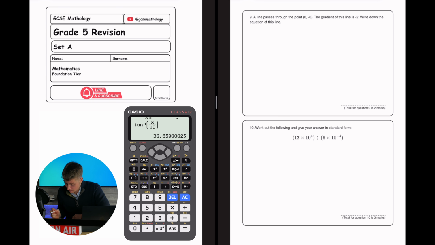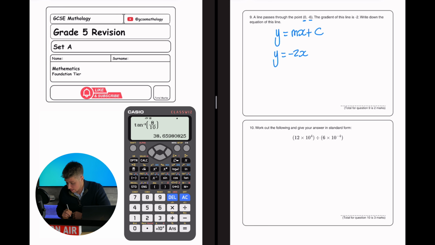Question 9 says a line passes through the point 0, -6. The gradient of this line is -2, and we need to write down the equation of the line. So the equation of a straight line is y equals mx plus c, where m is the gradient, so we're told that the gradient is -2. So the first part will be -2x, and we're told when the x coordinate is 0, the y coordinate is -6.